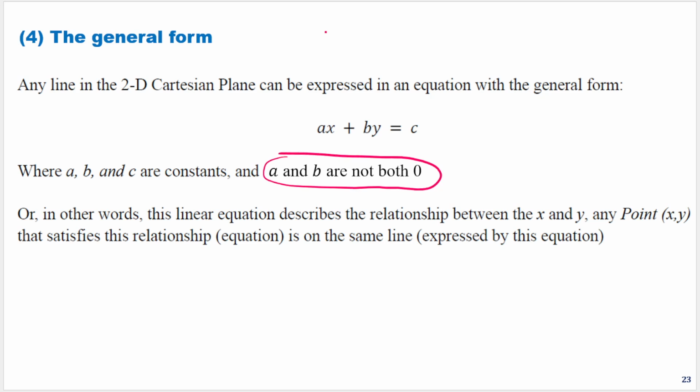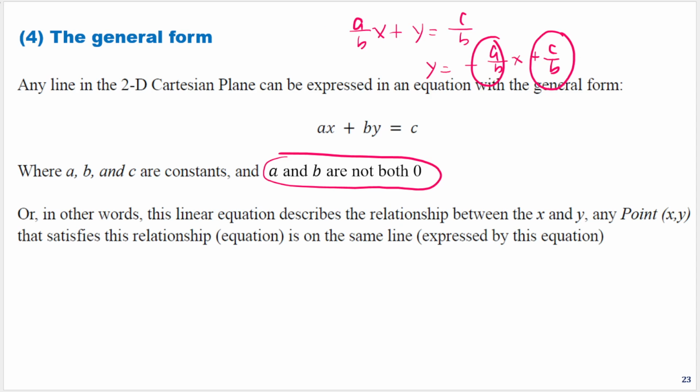And from the general form, we can easily find the slope-intercept form, right? As long as you divide both sides by b, then you will have a over b x plus y equals c over b. Then y equals negative a over b x plus c over b. Then this is a slope, this is a y-intercept, right?